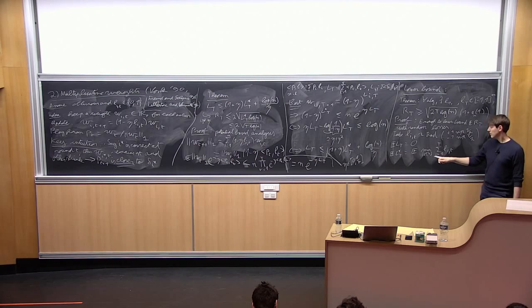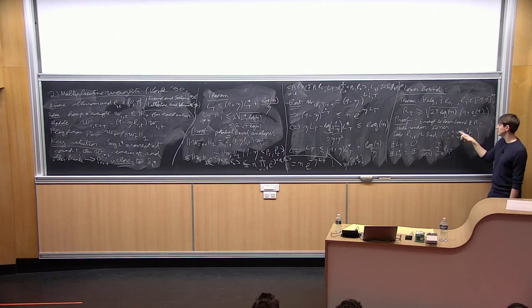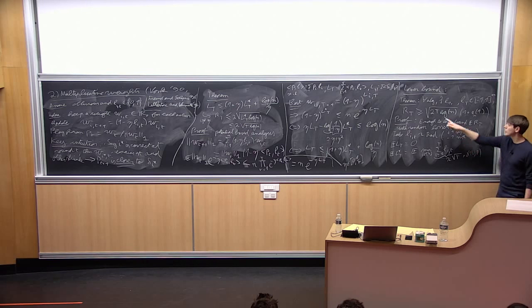But by the central limit theorem, what is this going to be? These distributions have zero mean and variance 1. So I expect it to be something like square root of T times a Gaussian, up to some error term. But what is the maximum of n Gaussians? The maximum of n Gaussians is of order square root of 2 log n.